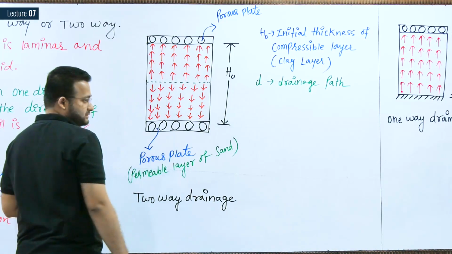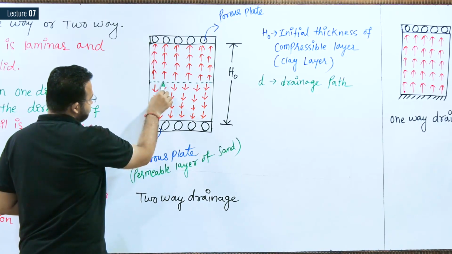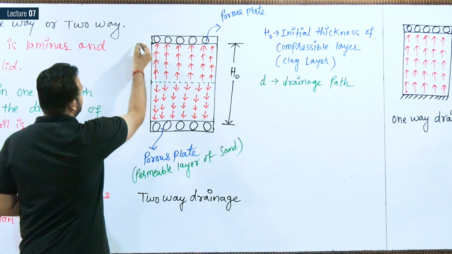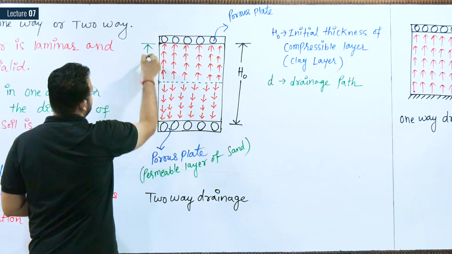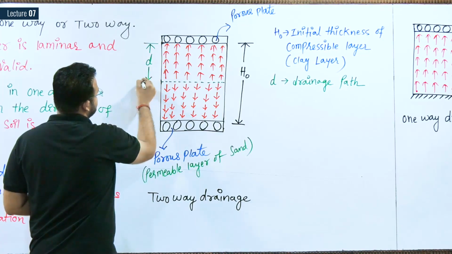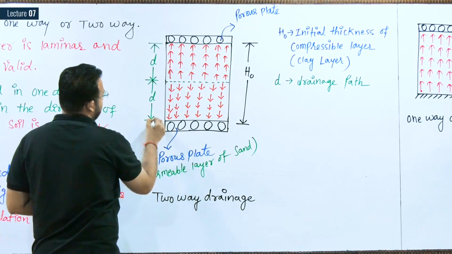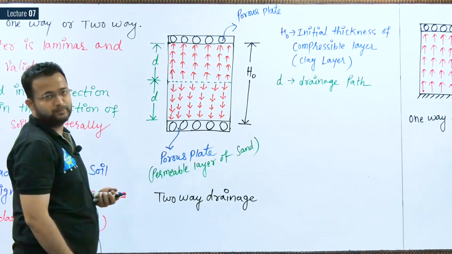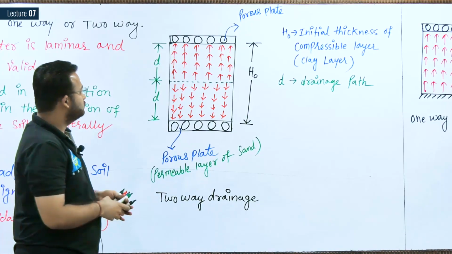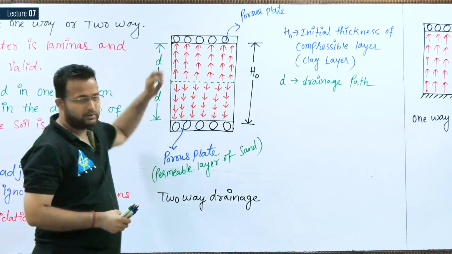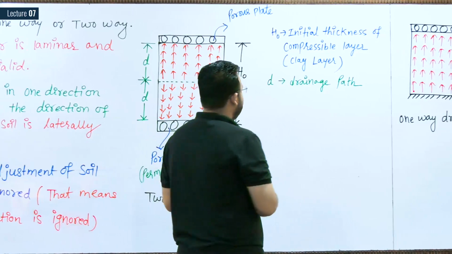This much distance water has covered, and this is your D, the drainage path. These two are the drainage path. Clear? Can you tell me the value of the drainage path from here? Of course, H0 by 2.